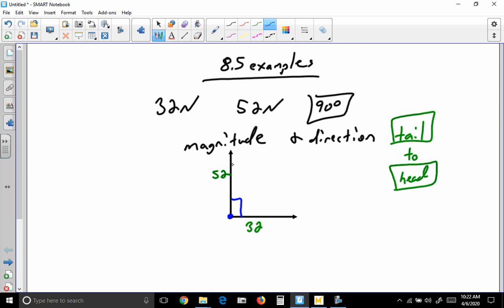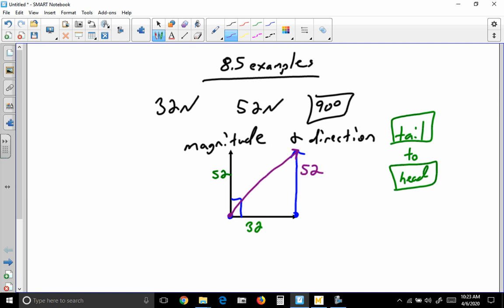So let's take this 52 Newton force, slide it to the head of this one and draw it in the same direction as before, just now we're tail to head. So the resultant would be from where the 32 Newton vector starts to where the second vector ends.